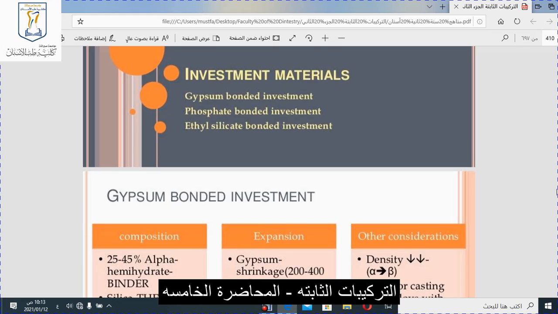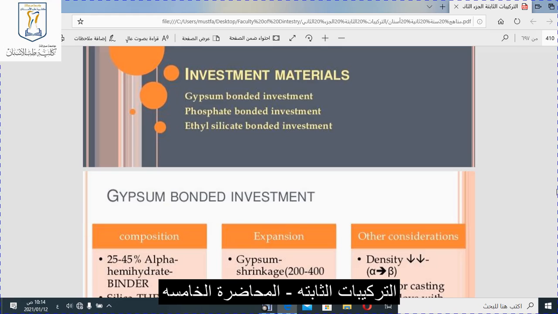The binder also gives an amount of strength to the investment material. As we know, the mechanical property of gypsum as a binder is not so high, so we can use it only for gold alloy.